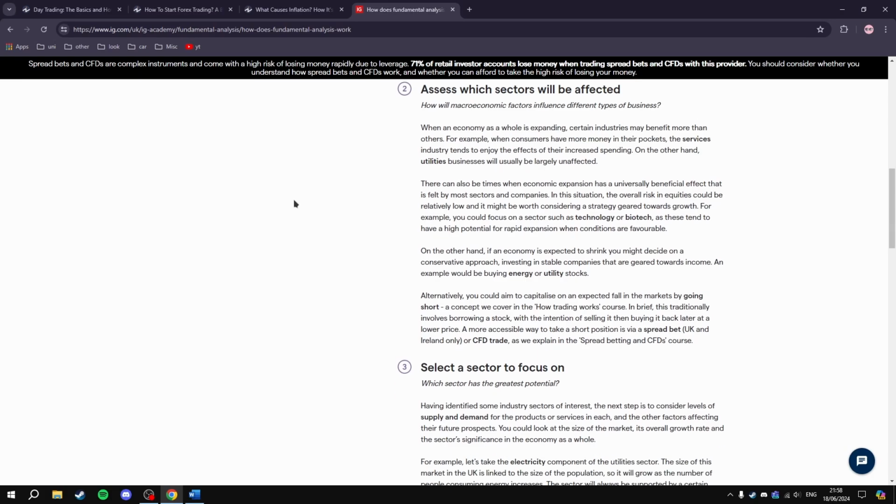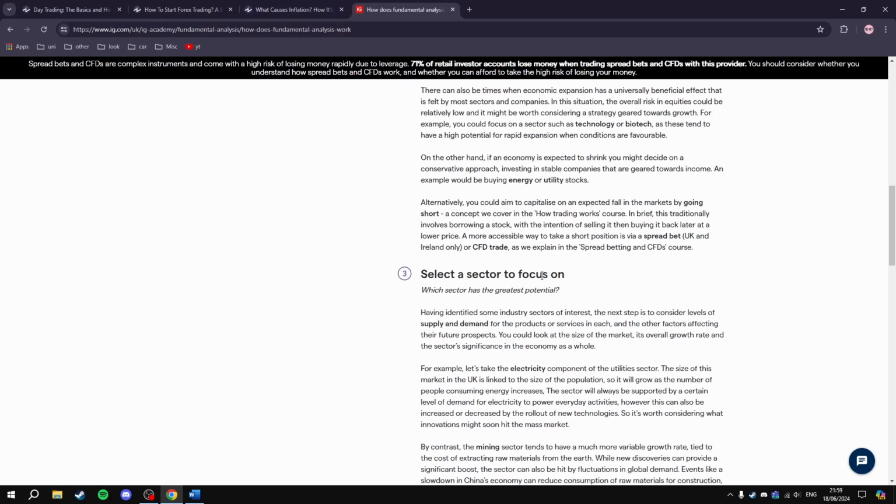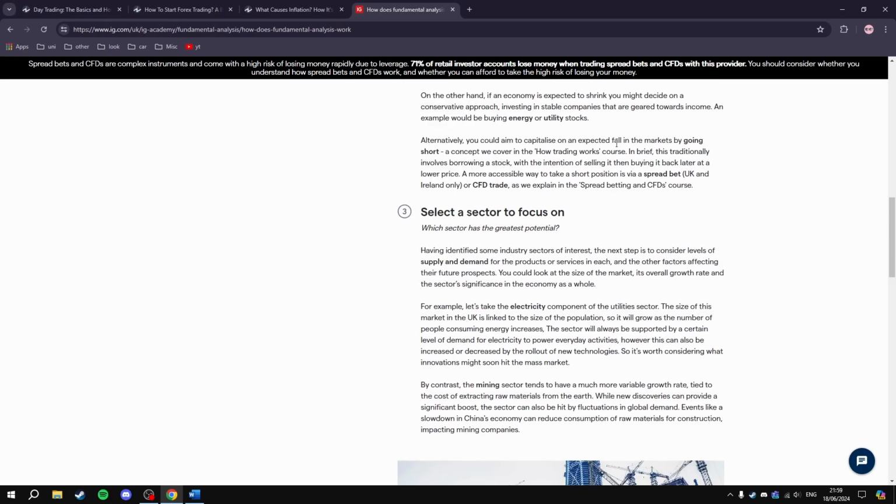So looking into sectors which could rapidly expand, or which could have high potential for rapid expansion when the conditions are favorable. So on the other hand, if the economy is expected to shrink, you might decide on a more conservative approach, so investing in stable companies that are geared towards income. So these would be like energy or utility stocks. And then we could aim to capitalize on the market falling, so by going short on them.